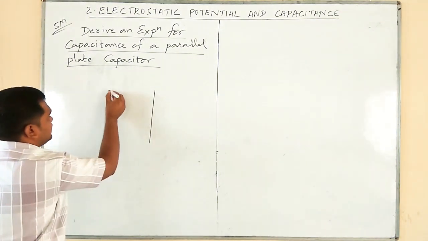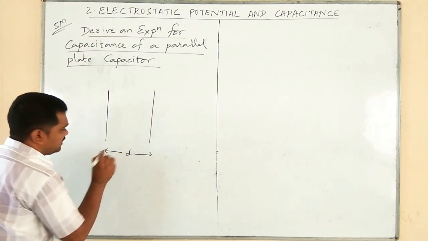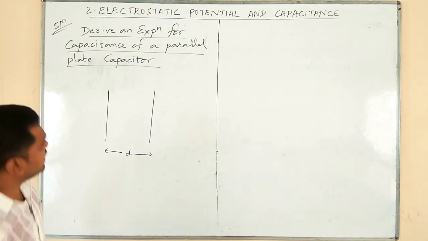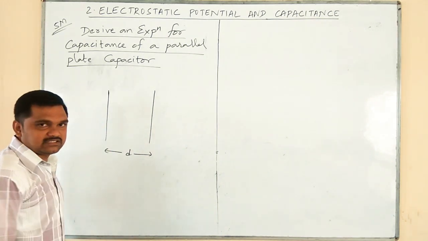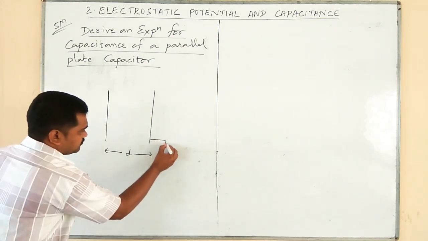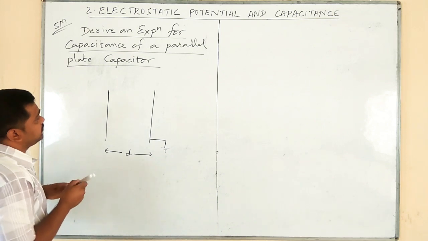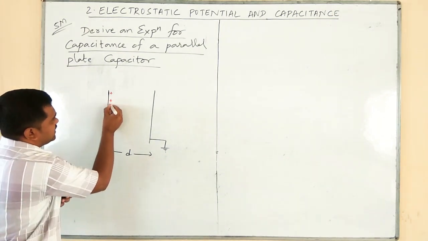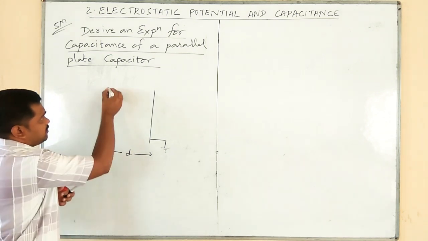I have already said that in case of a parallel plate capacitor, it includes a pair of parallel plates out of which one is insulated and the other one is grounded. Now, let plus Q be the charge present on the first plate.